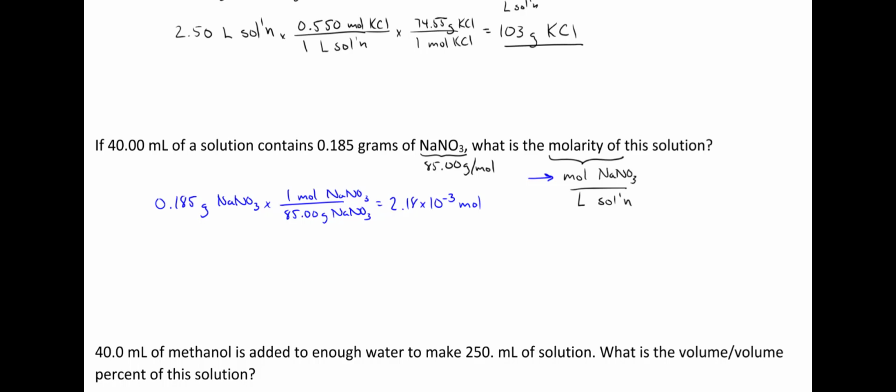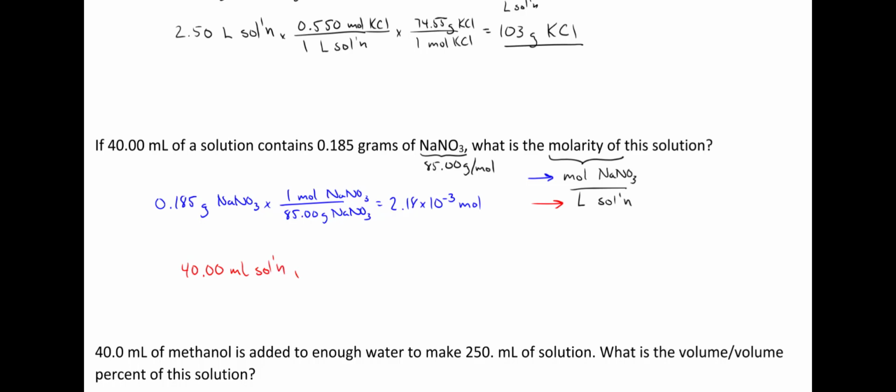So now that we've found the value we need for the numerator, we need to find our value for the denominator. We are given 40 milliliters as the volume, but we need to convert that to liters. This is a relatively simple matter.